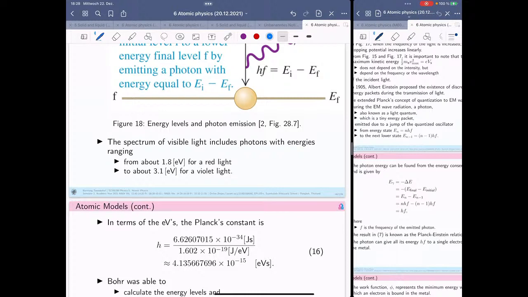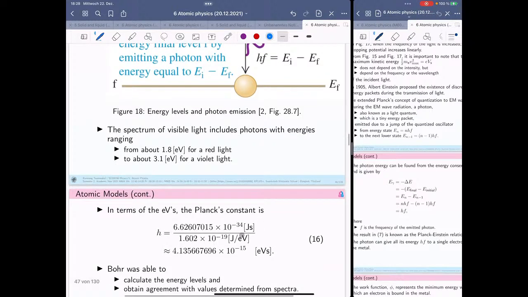In terms of electron volts, the Planck constant can be converted to another value. As of course you know, the Planck constant is represented in joule times second, because that's the standard unit, the SI scale, 6.626 times 10 to the negative 34.